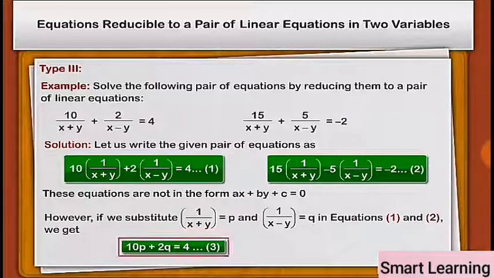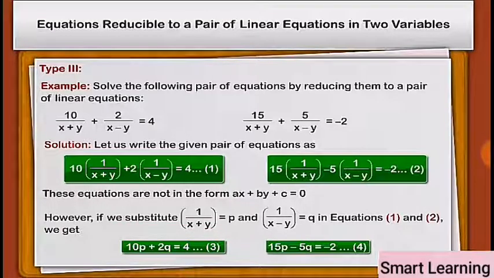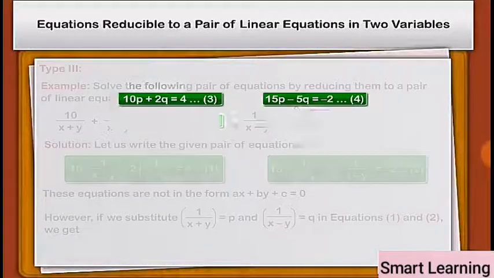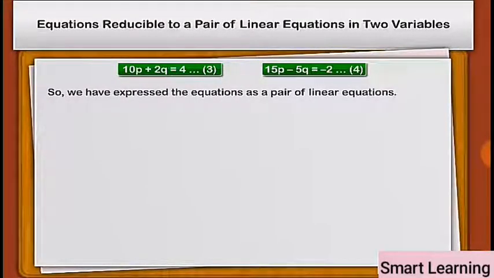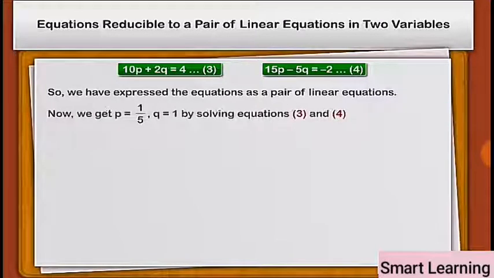This is now equation 3. 15p minus 5q is equal to minus 2. This is now equation 4. So we have expressed the equations as a pair of linear equations. Now we get p is equal to 1 upon 5, q is equal to 1 by solving equations 3 and 4.